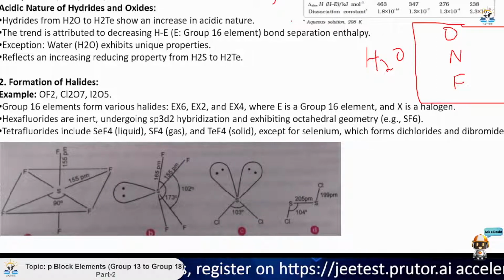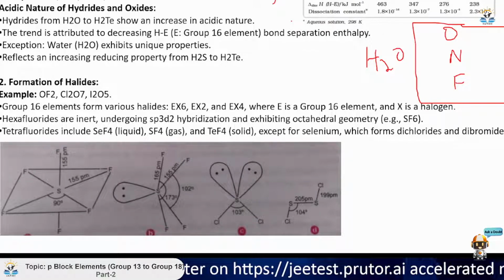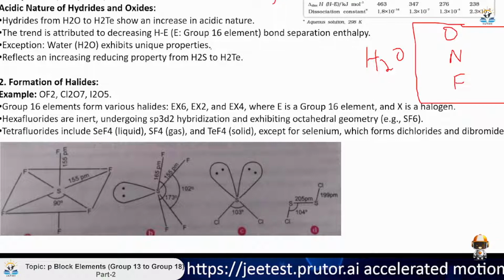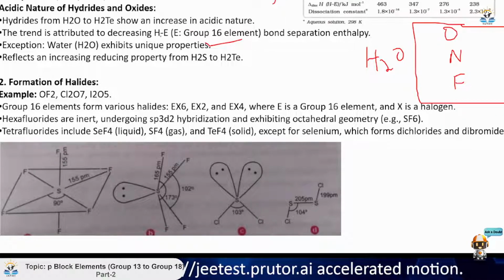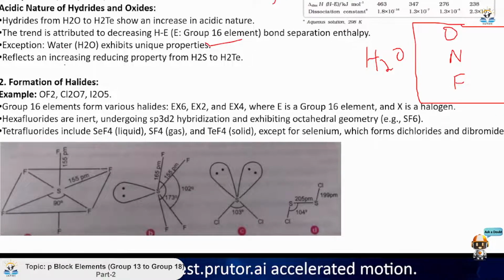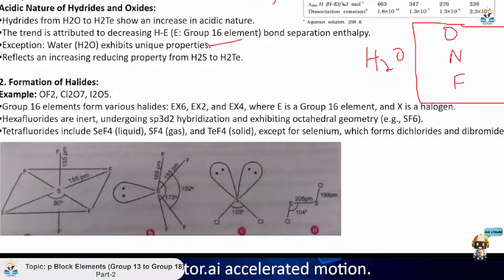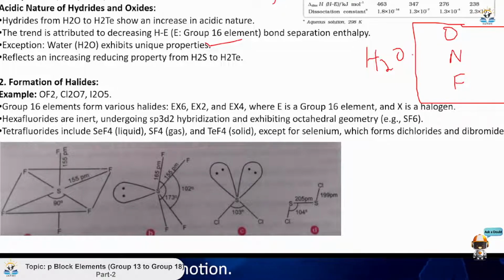And water exhibits unique properties. We have discussed this point, basically because of its hydrogen bonding. And we can even see that there is a very nice reducing property, because as we go down, the dissociation constant starts becoming bigger and bigger and bigger.